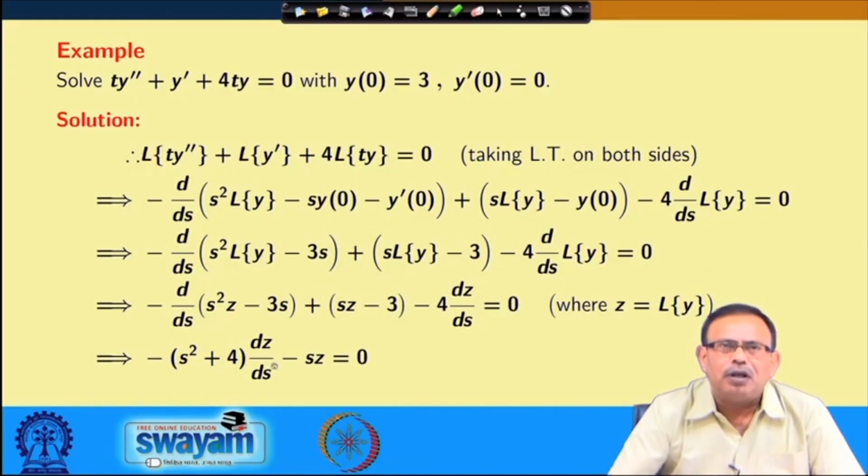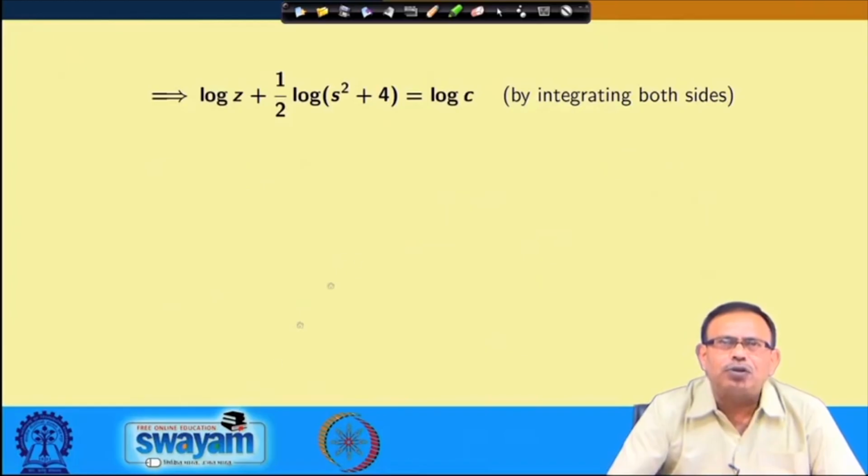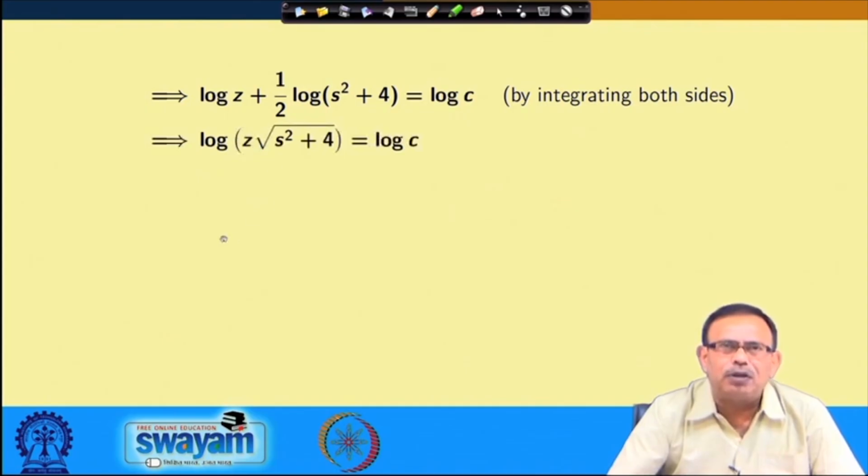I can find the solution of this: dz by z plus s by s square plus 4 ds is 0. The solution is very easy: log z plus this, so log of z into root over s square plus 4 equals log c, and z is the Laplace transform of y, which equals c by root over s square plus 4.